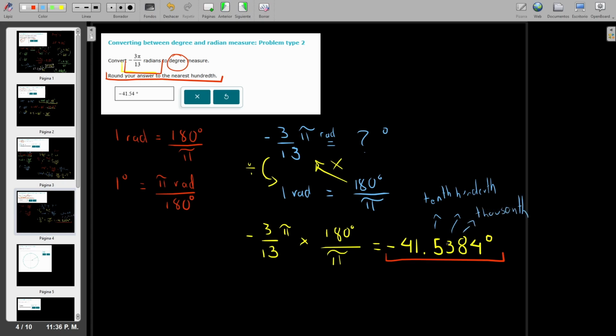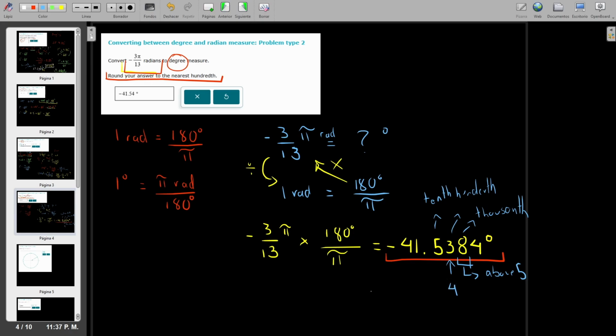But they're asking to round to this one, so we only have two decimals. As we have two decimals, we need to know if the third decimal, in this case the 8, is above 5. If it is above 5, we need to change the value of this one. In this case, it's going to transform from 3 to 4.